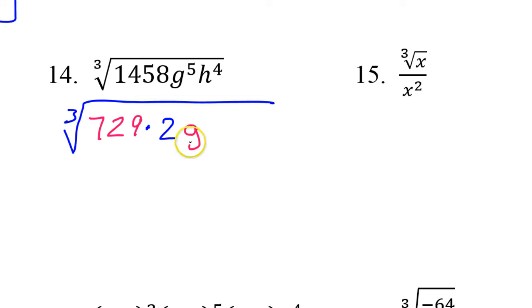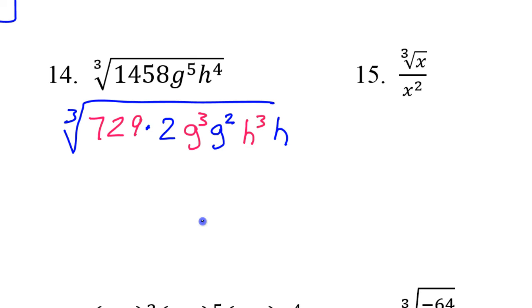So yeah, let's just split it up as g to the 3rd power and times what? Times g to the 2nd, because together that makes 5 g's. Similarly, what will I do with the h's? H to the 3, and then just h.